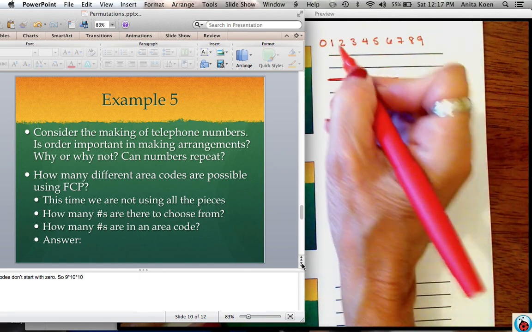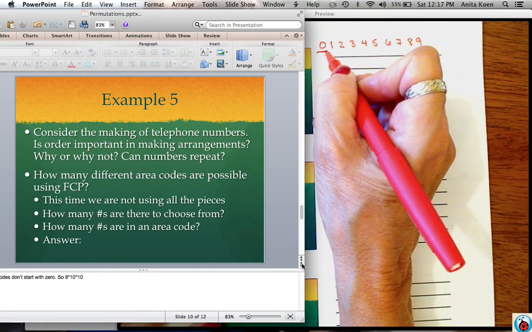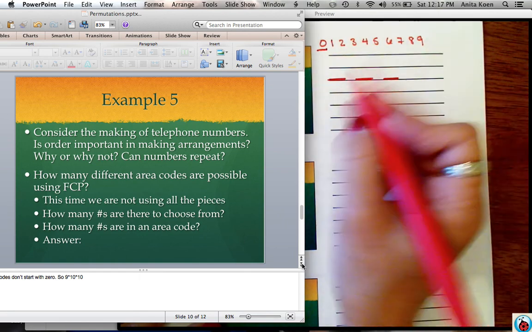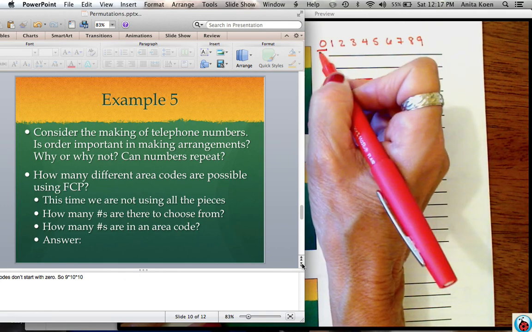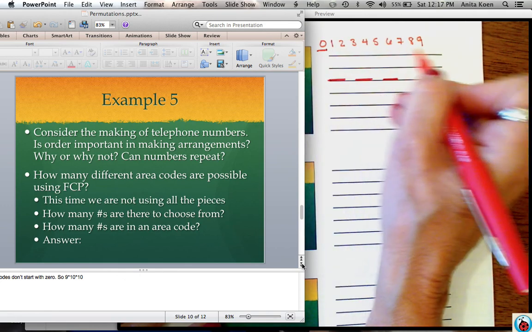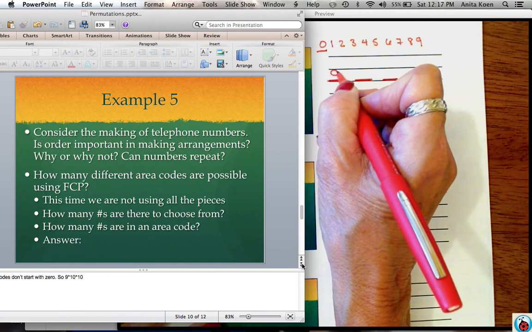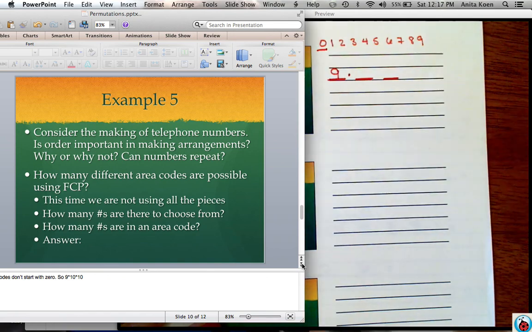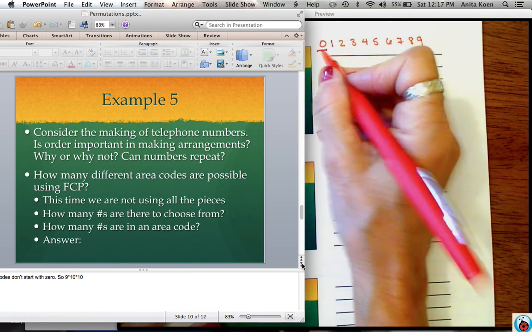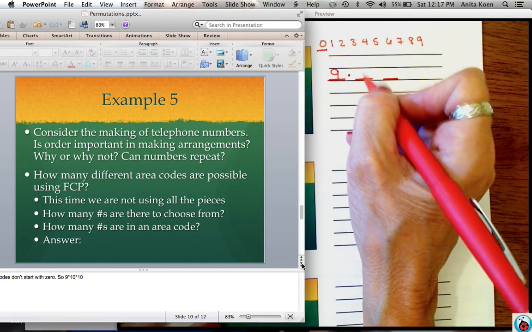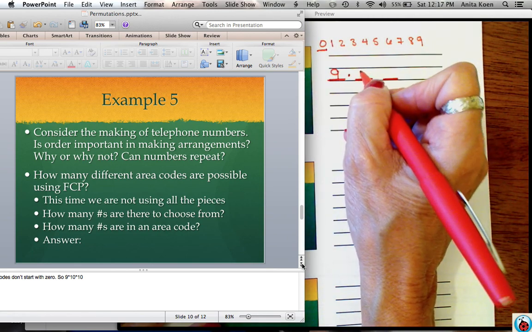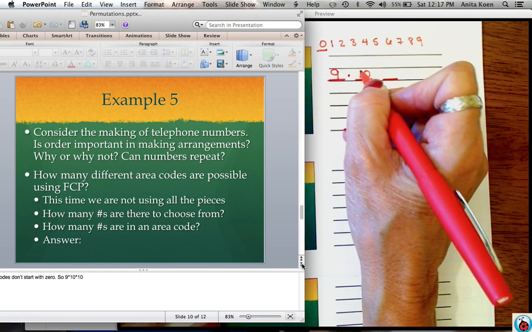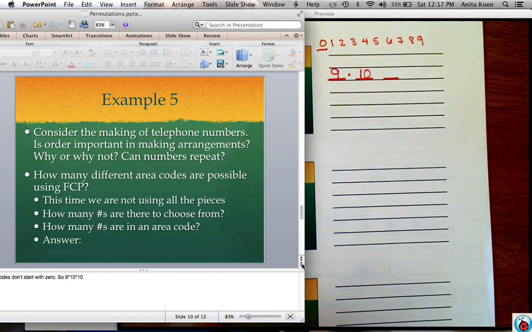However, an area code never starts with a 0. So in this first place, I can't put the 0, but I can put the other 9 numbers. So in the first space, I can put the 9 numbers. In the second place, I can put a 0 in the middle. So I could put all 10 of those numbers in the second place.